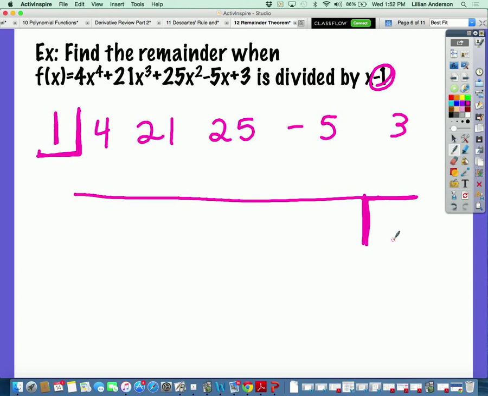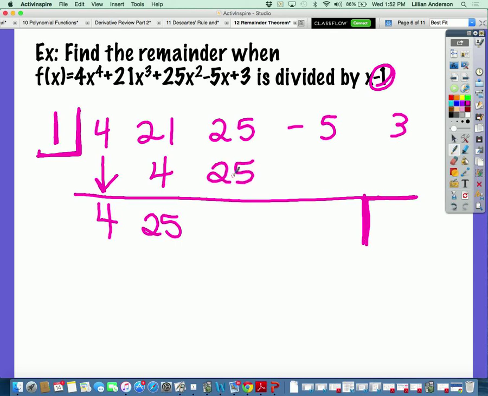First step, bring down the 4. And then you multiply 4 to whatever's in the backwards L. So what's 4 times 1? 4. And then you add, 21 plus 4 is 25. And then you repeat the process. 25 times 1 is 25, goes right here.